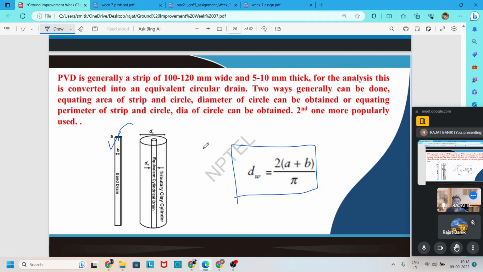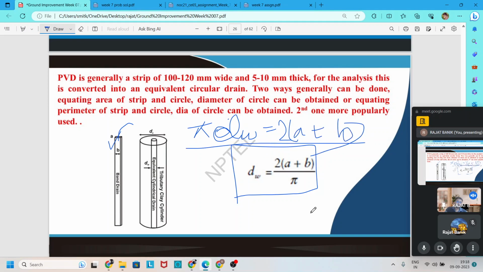For the circular drain, the perimeter is pi d. Here, the diameter of the drain is taken as dw, and we know that the perimeter for a rectangle is 2 into (a plus b). By this formula, we find out the equivalent diameter for the circular drain, when the strip is converted to the circular drain.